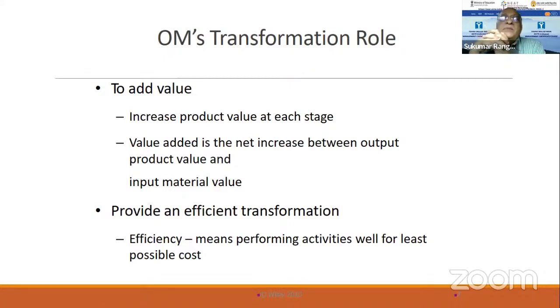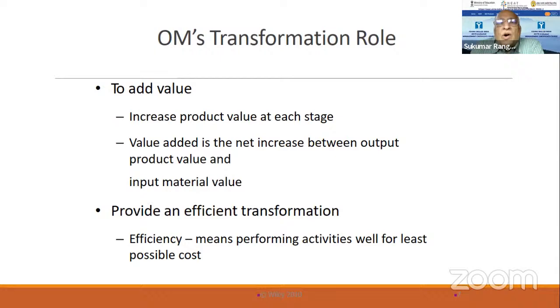So, the operations management's transformation role. What is transformation? It is when you add value to the input to get the desired output. So increase the product value at each stage. Why do people pay you?